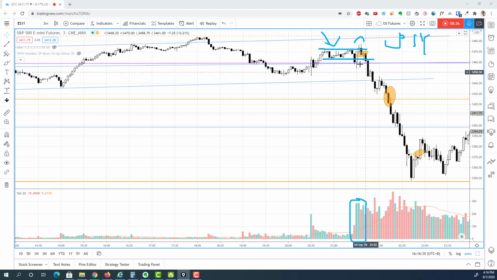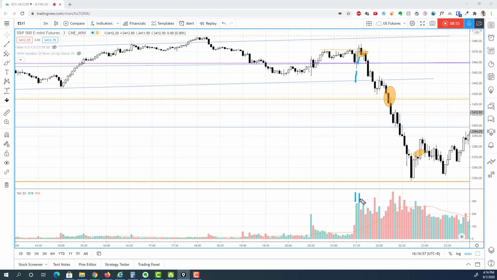Not only does this combine with the H1 structure, where this could be the last point of supply, but in terms of the volume, there is definitely effort versus results. Take a look at these two bullish candles. That's this candle, the first volume spike here, and that's the second. These two volumes are very similar, but take a look at the results.